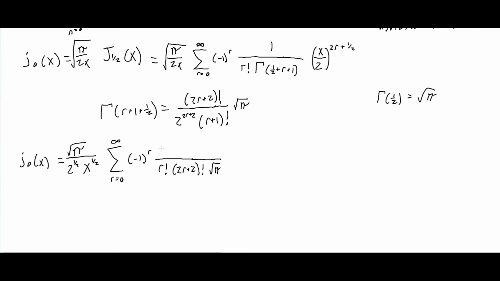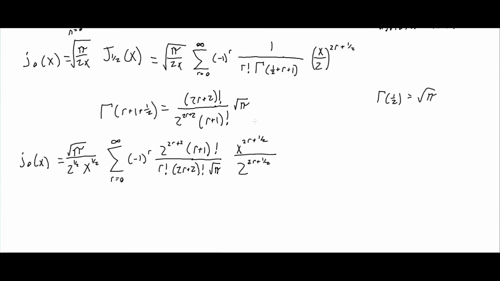In the numerator we have 2 to the 2r plus 2 times r plus 1 factorial, and then we still have x to the 2r plus 1/2 over 2 to the 2r plus 1/2. I've just distributed this exponent to both of these.